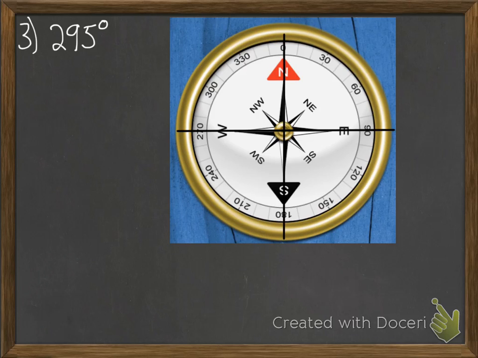So standard position would be 295, so we go around 90, 180, 270, and then just a little bit more: 280, 290, 295.